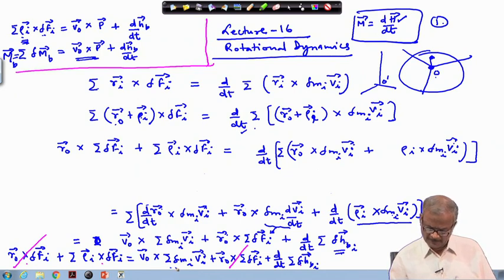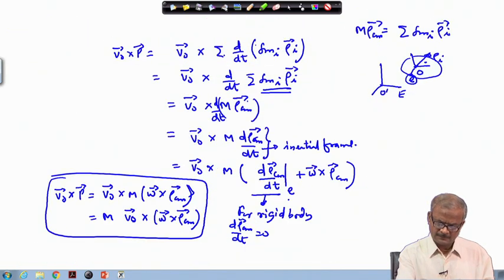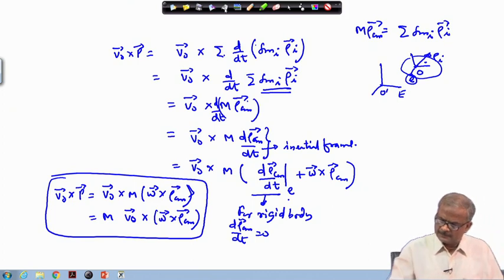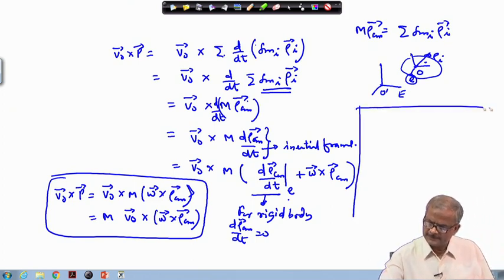Okay, this particular part, V 0 cross delta m times V I, we will also discuss, which we have written as V 0 cross P. So, we can discuss it here itself.